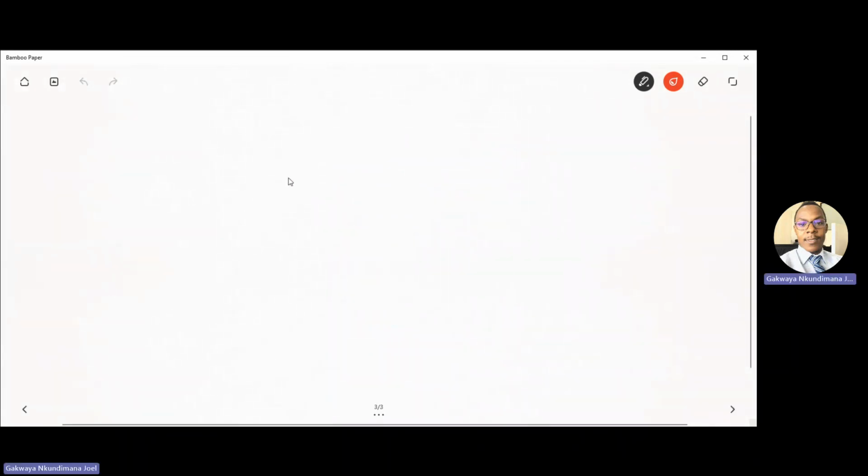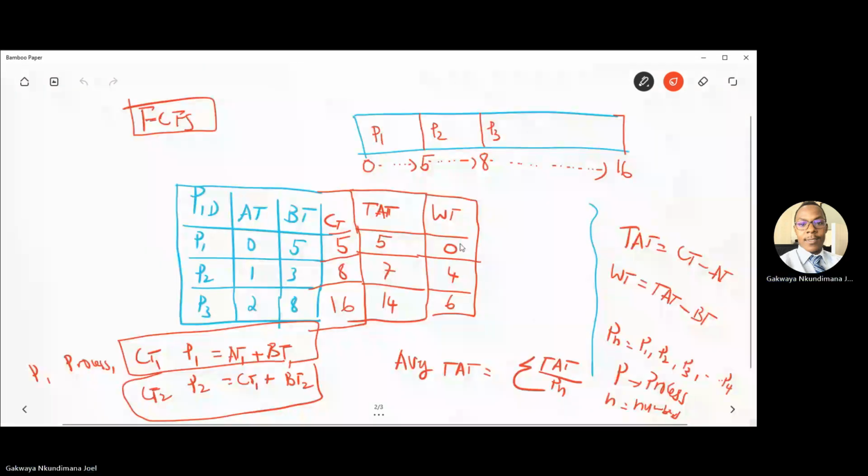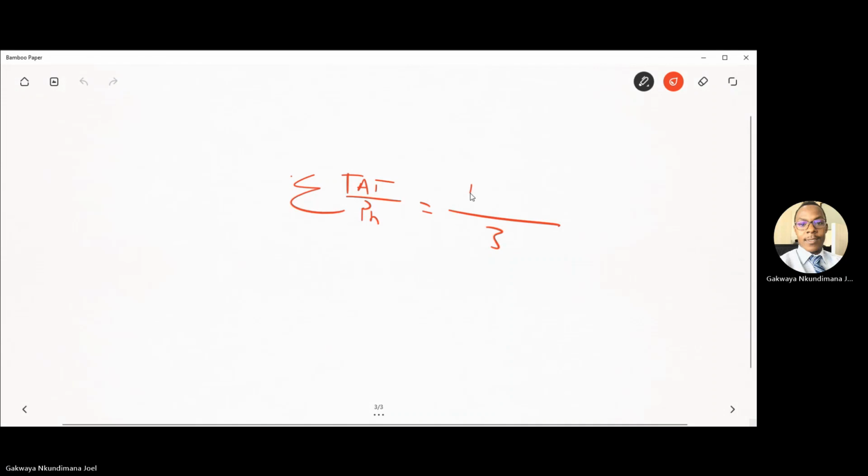So for the average time, we take the sum of turnaround time divided by Pn, which is 3. Look here, we take 5, 7, 14. Summation of 5 plus 7 plus 14. So you find the answer and tell me.